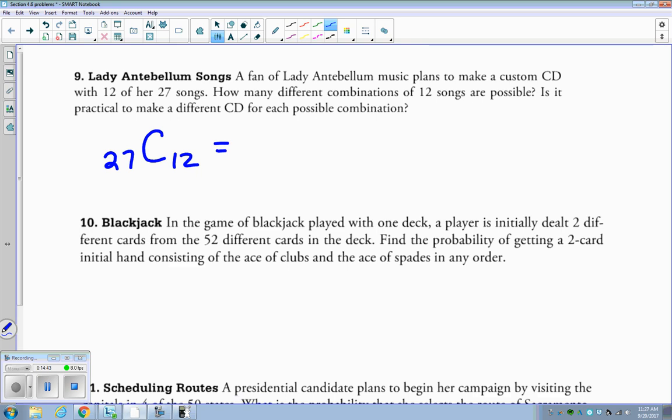When you did that, that's going to be a pretty darn big number, isn't it? Somebody tell me what that number is. Wow. Okay? So knowing that it's 1,738,360, would it be practical? No.